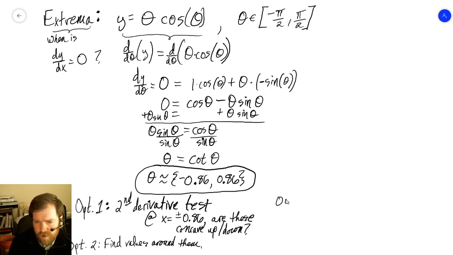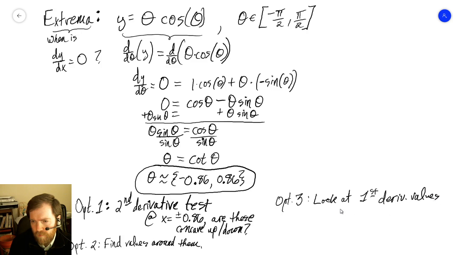Option three. Look at the first derivative values around them, and ask, is the first derivative going to be positive or negative around each of our critical points?